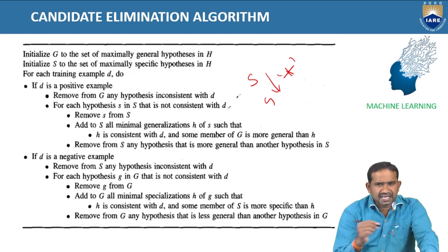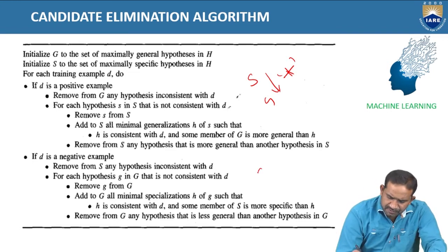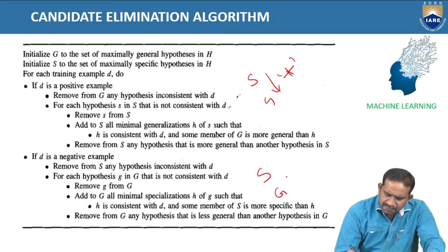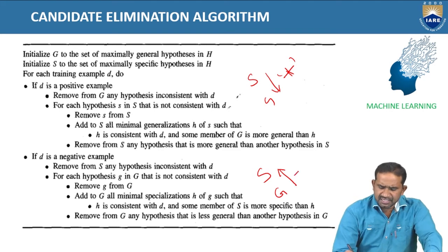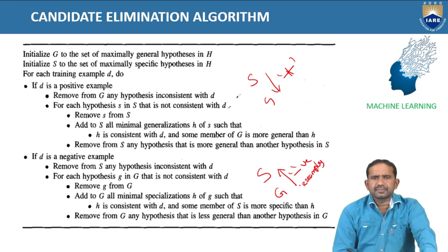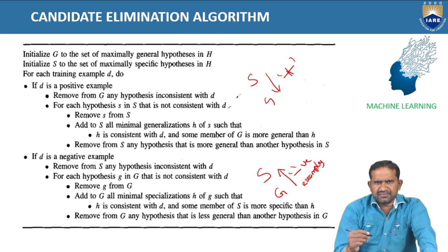And if the training example is negative, then in that context we move from the generalized hypothesis to the specific hypothesis. So, if the example is positive, we first select the specific hypothesis, then move towards the generalized hypothesis.